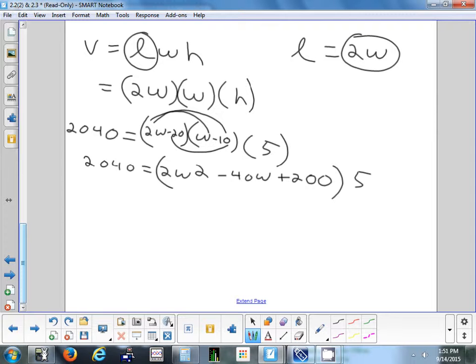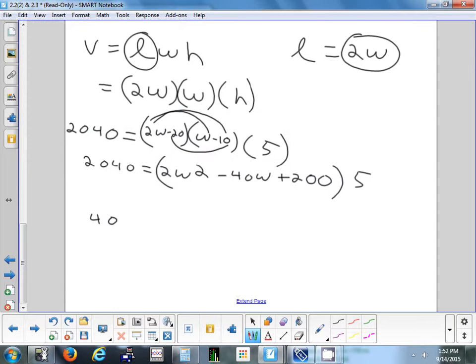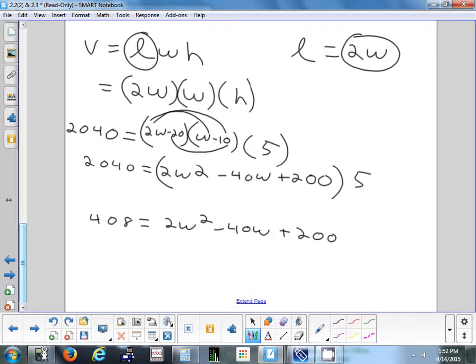Rather than distribute that 5 out, what could I do on each side? Yeah, I could just divide by 5. It's going to make the numbers a little smaller. So it's 408 equals 2W squared minus 40W plus 200. Anybody see one more number I could divide by? 2.